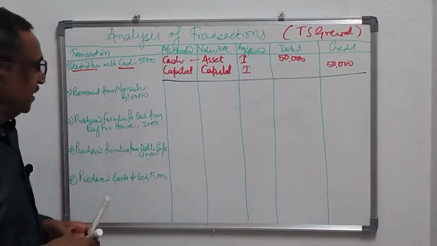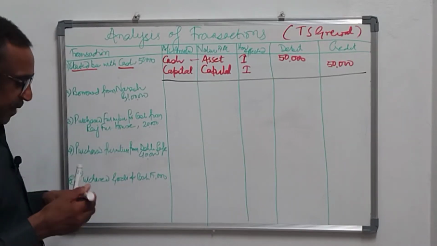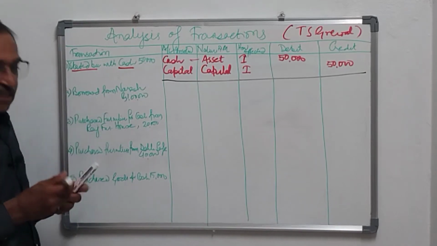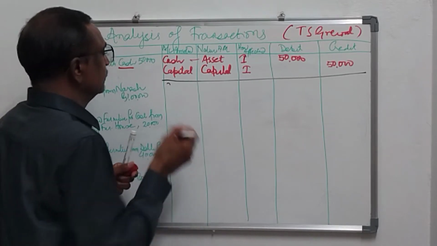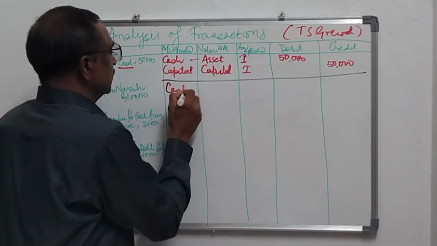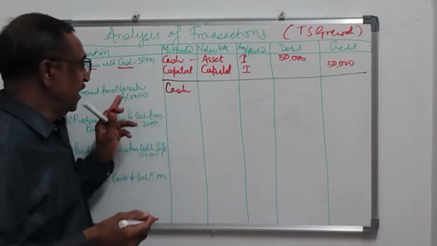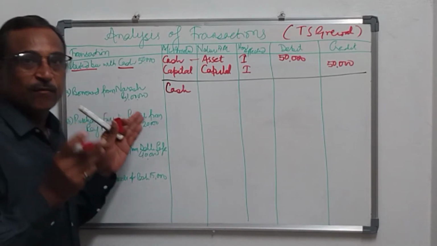Now next entry is borrowed from Naresh 1 lakh. That means when you borrow cash from someone, one account involved is cash. You are getting, that means your business is getting cash. And it is being borrowed by you, by your firm.